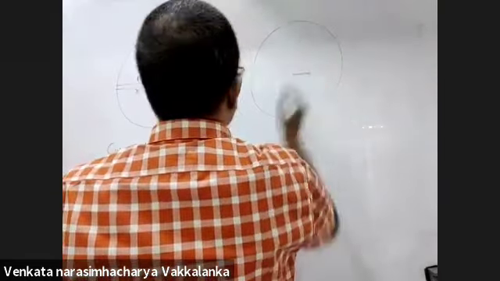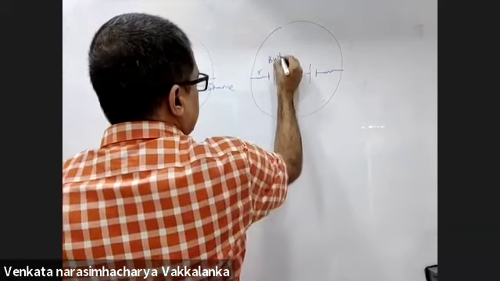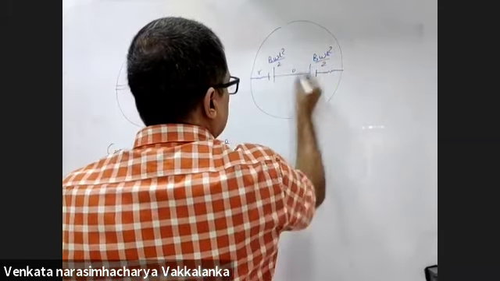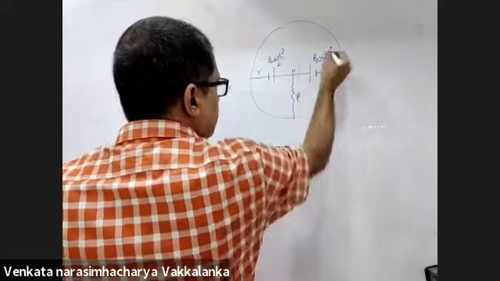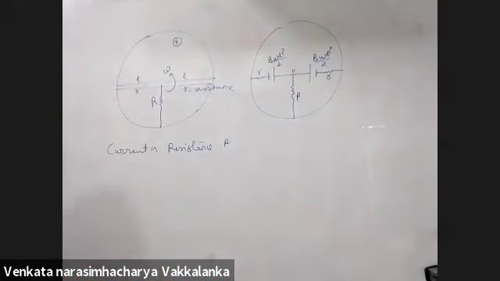This is an internal resistance R. This will be B omega L square by 2, followed by a symbol called small e till the end, so that I don't need to write it every point.